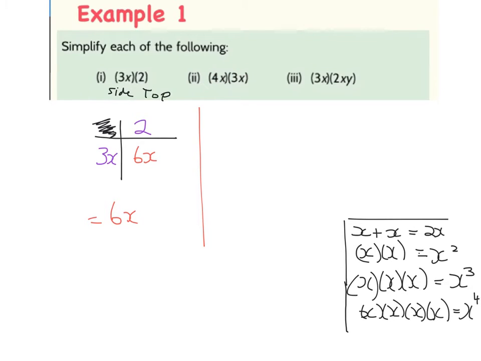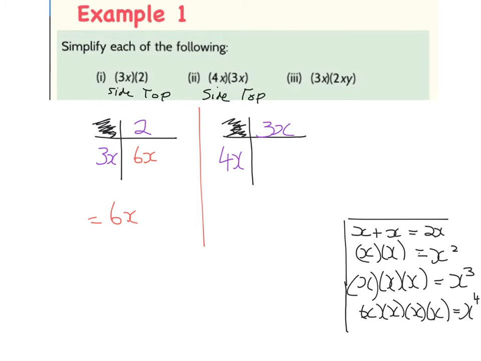So again, I'm going to do my box multiplication. I'm going to fill in this little section here. I'm going to write side and top. And so on the side, I'm now going to write 4x. And on the top, I'm going to write 3x. And remember, I am multiplying. I'm going to multiply my numbers first of all.